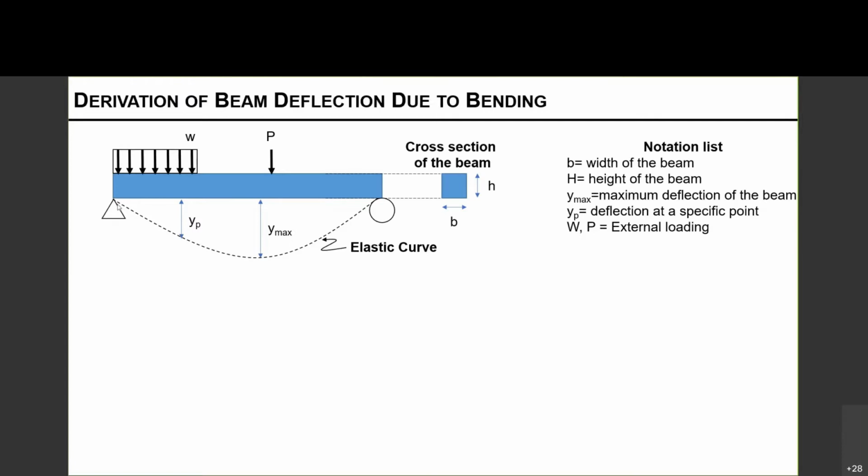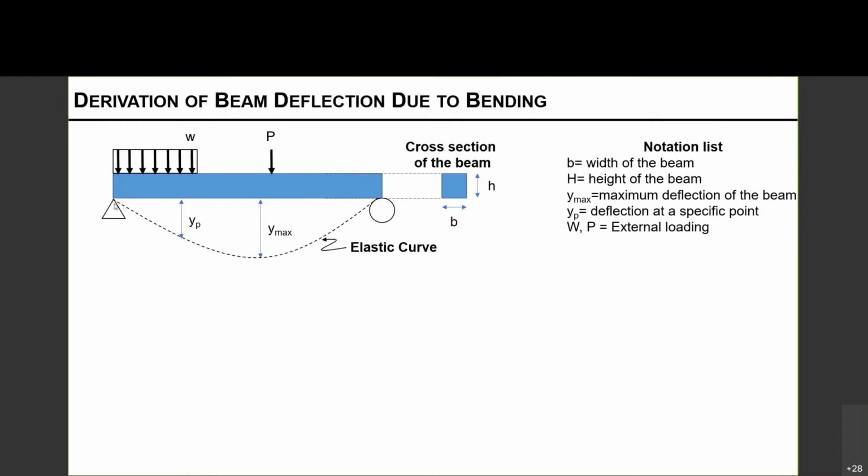Okay, so now when the beam is deflecting, in real life you won't see this much of a big deflection, but we are looking at an exaggerated view. As you can see, this is called the elastic curve, right?